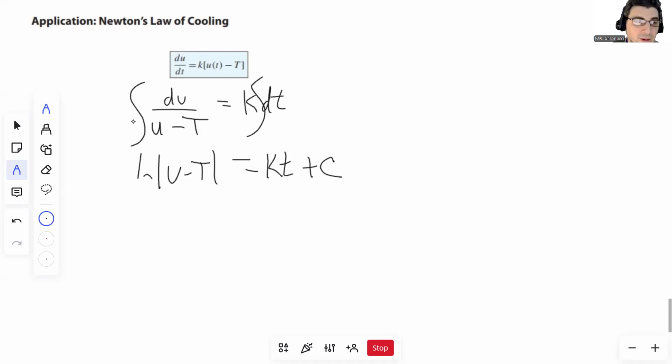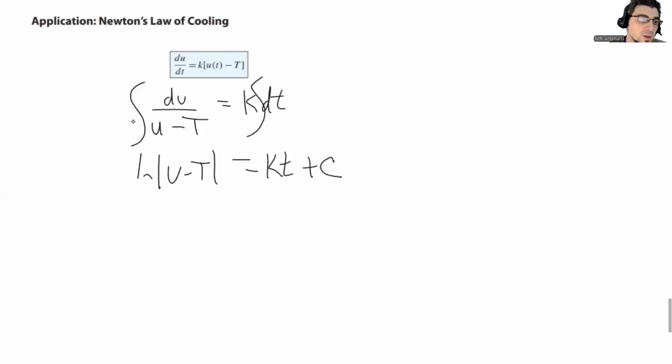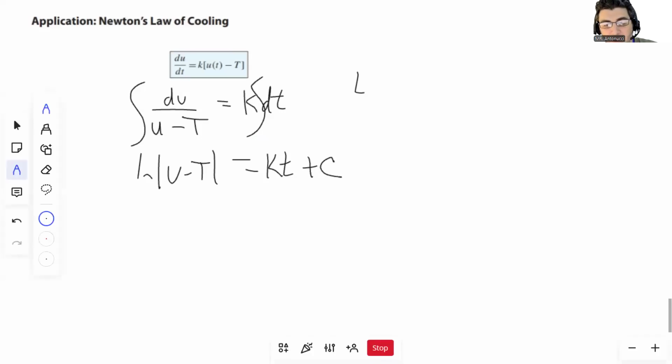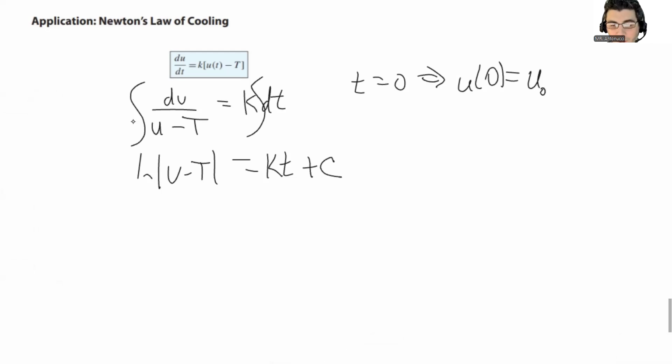To find the constant C, note that t equals 0 implies that u(0) equals the initial temperature, so we'll call that u(0).